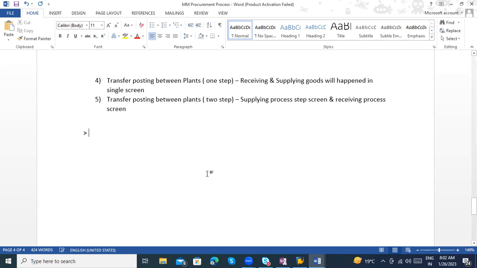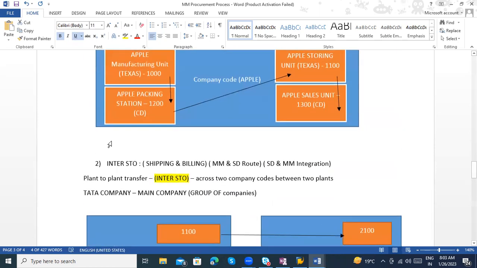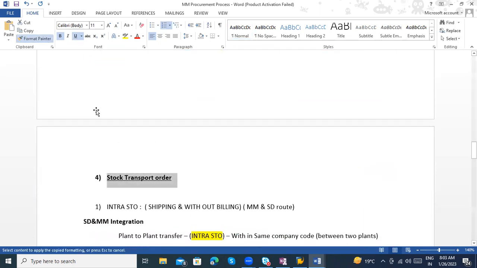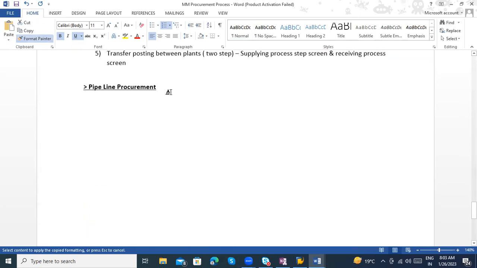So let's go to the next process, which is pipeline procurement. So what is pipeline procurement?